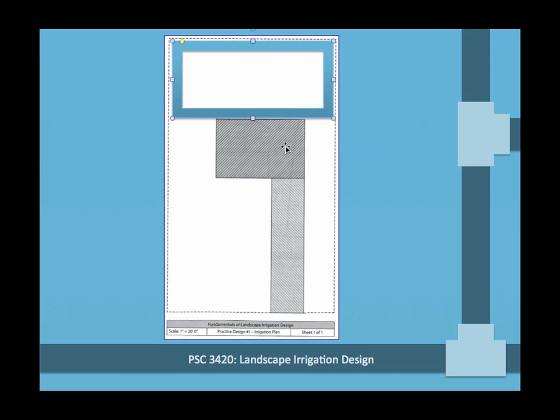Now, down here in the bottom it says that the scale is 1 inch equals 20 feet. So what that means is that this area, and hold on just a second here, I've actually made some measurements of that area, but it's roughly 105 by 50 feet as I'm working from the paper in my hands.